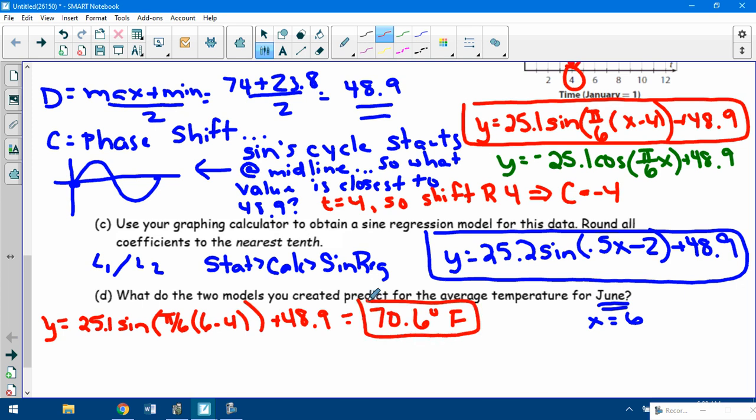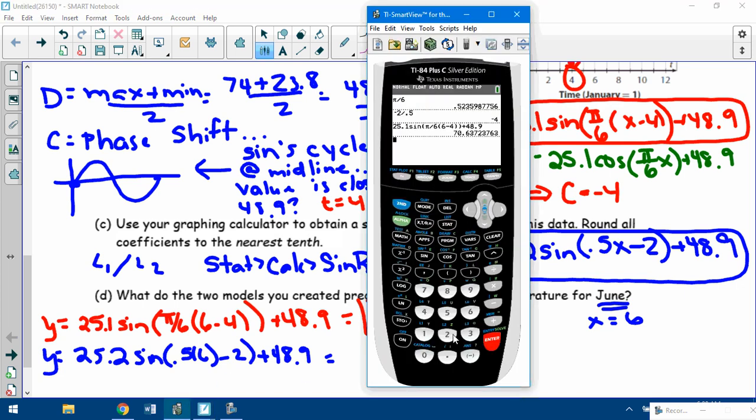Okay, and I'm going to do the same thing with my regression. 25.2 sine of 0.5 times 6 minus 2 plus 48.9. I'd expect something similar, so close to 70.6. 25.2 times the sine of 0.5 times 6 minus 2, close the parentheses, plus 48.9, and I get 70.1. Very close.